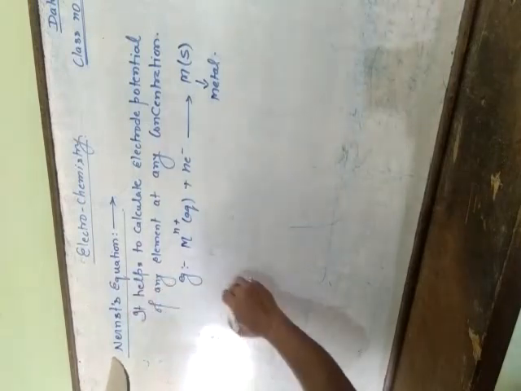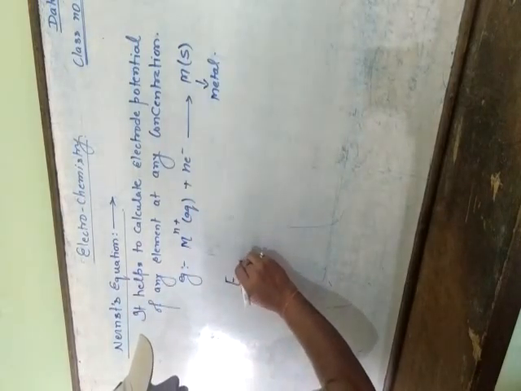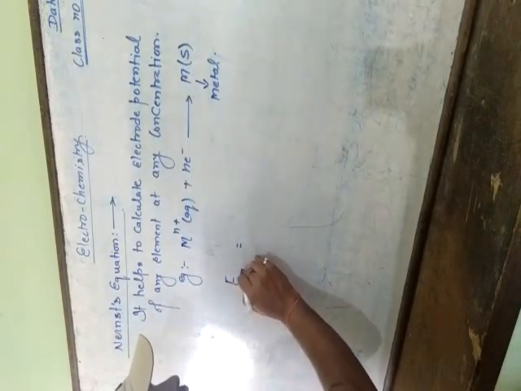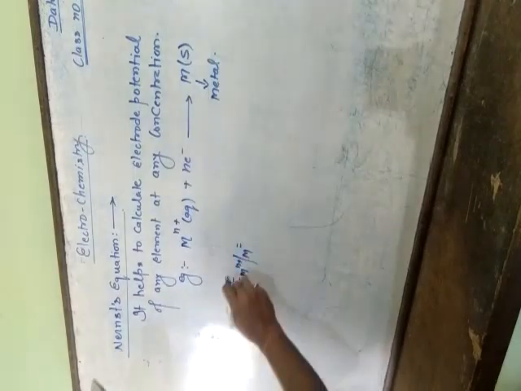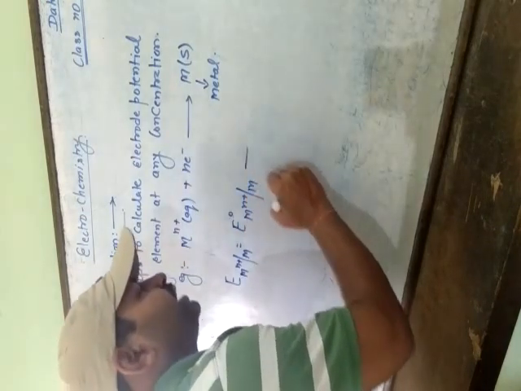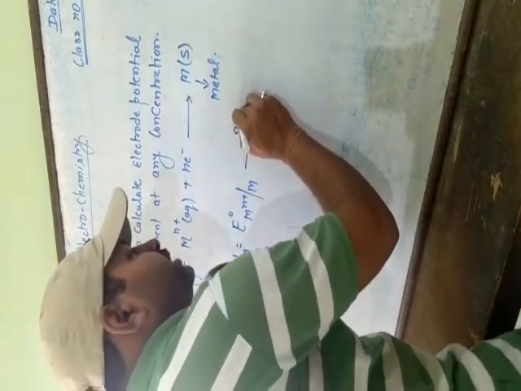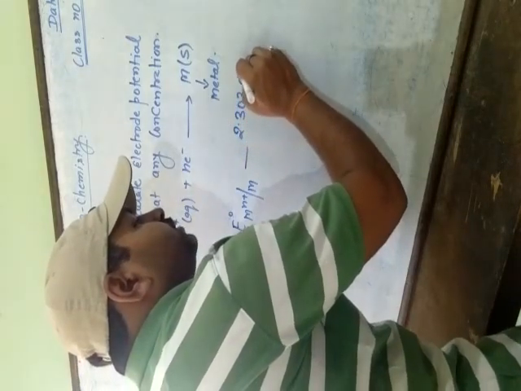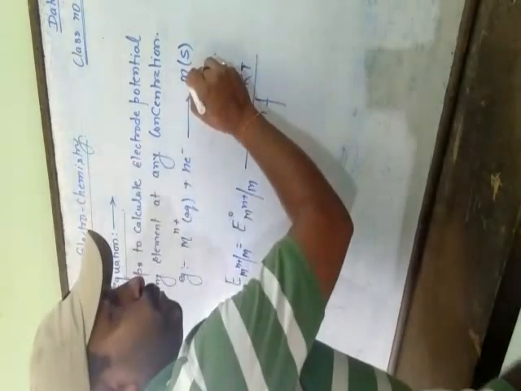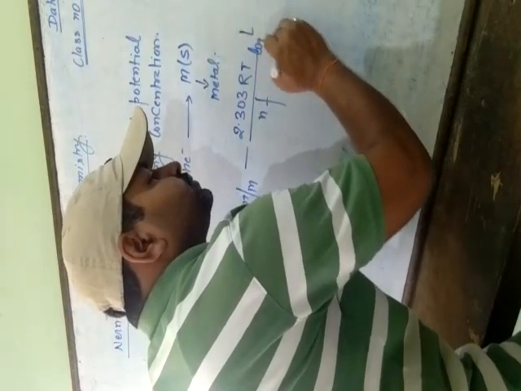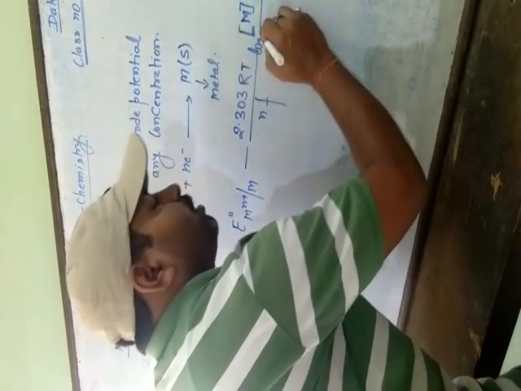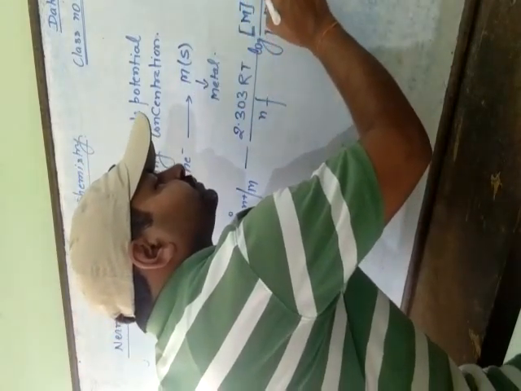Now, according to the Nernst equation, we write E of M n+ / M, the electrode potential, equals E naught of M n+ / M minus 2.303 RT by nF log of concentration of product by concentration of reactant.